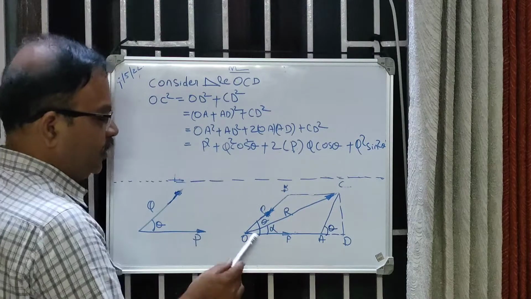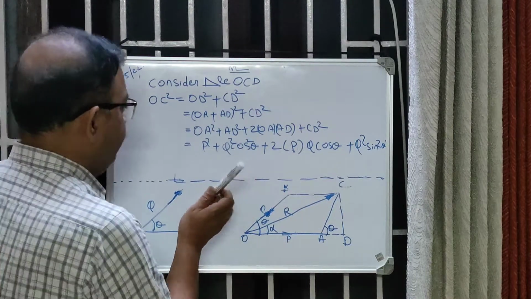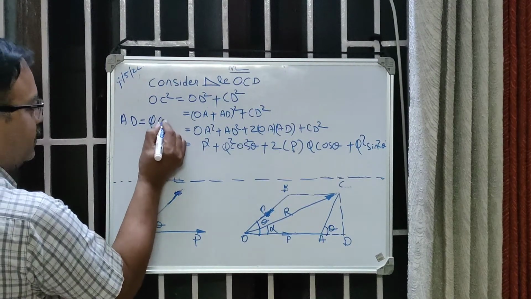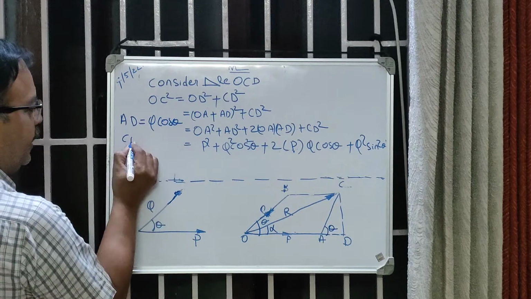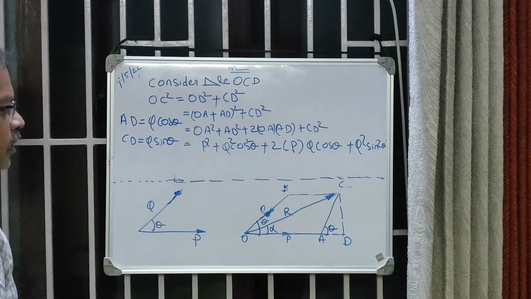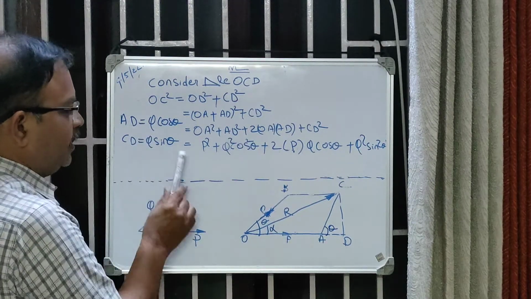Now already we know that OA is equal to P. AD, already we have found AD equal to Q cos theta and CD equal to Q sin theta. So applying here, AD is nothing but Q cos theta.